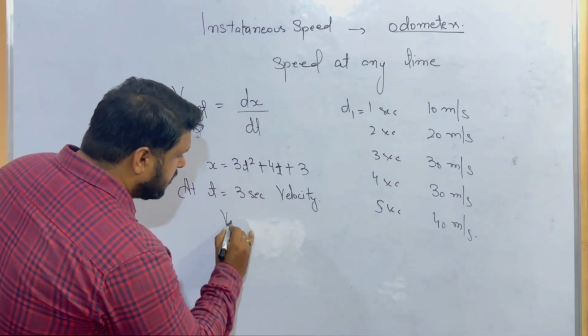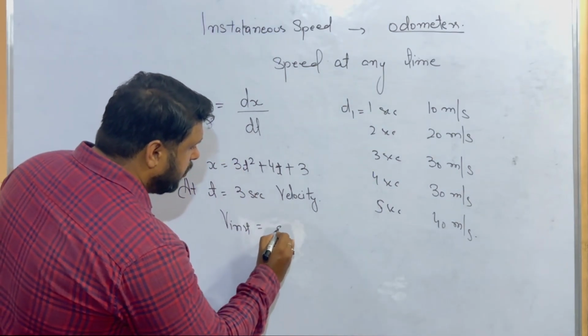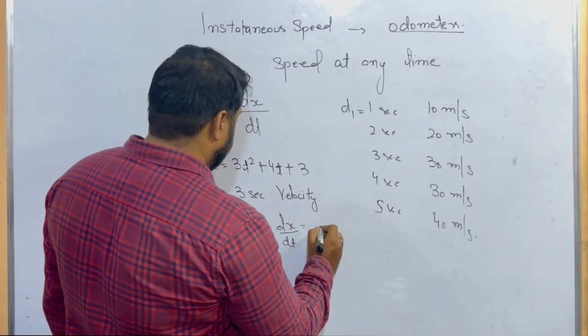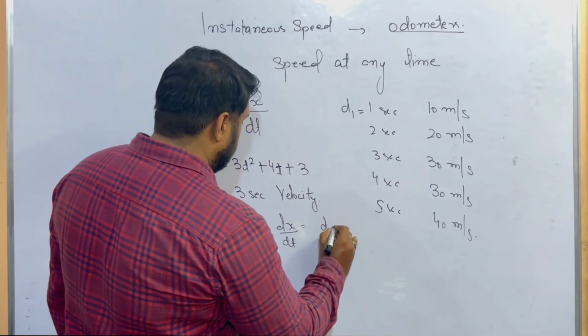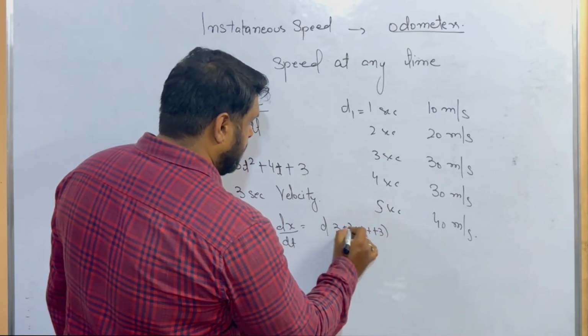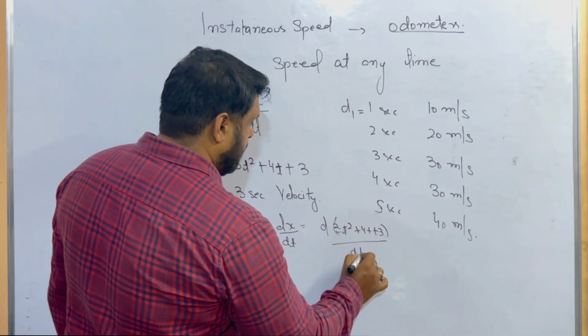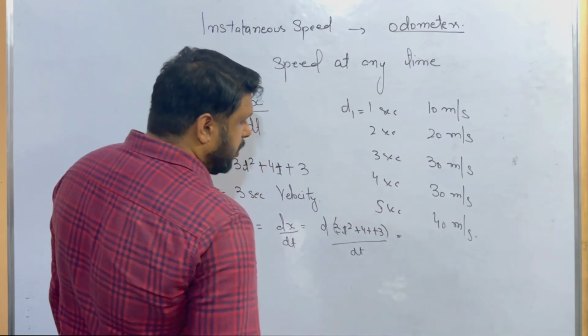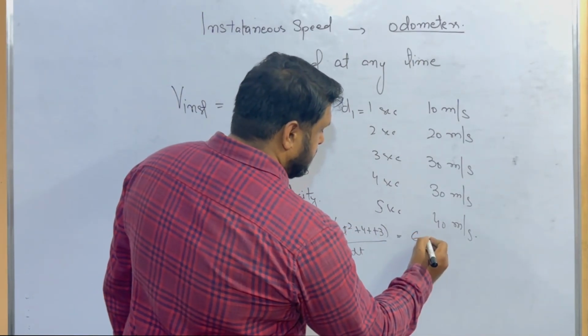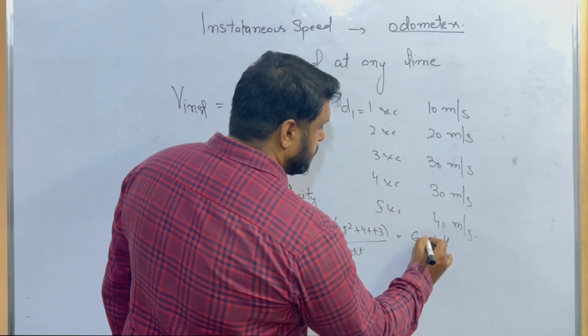V instantaneous is equal to dx by dt. So here it will become d of 3t square plus 4t plus 3 upon dt. Now the derivative of 3t square will become 6t, plus 4.